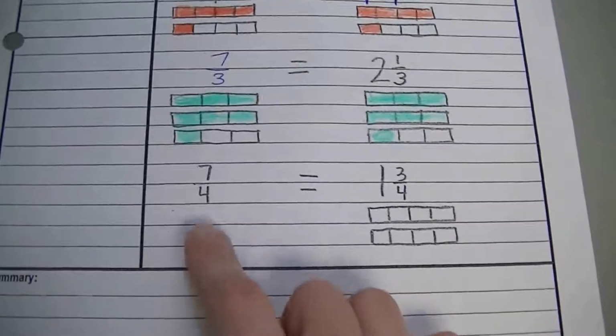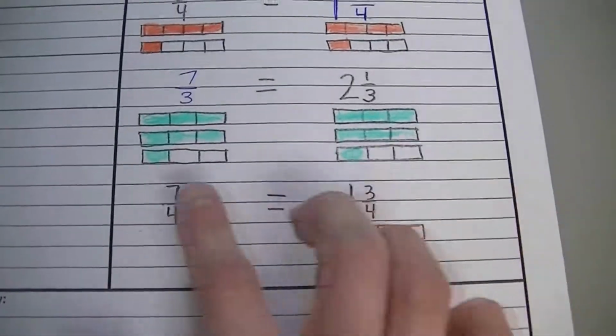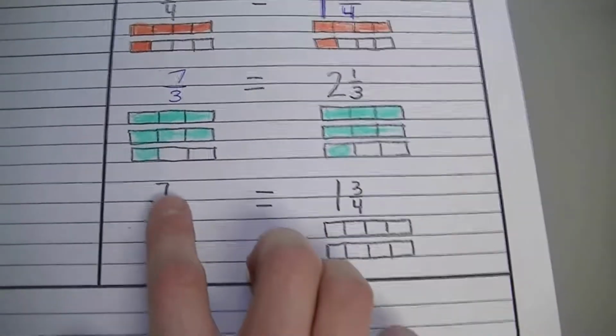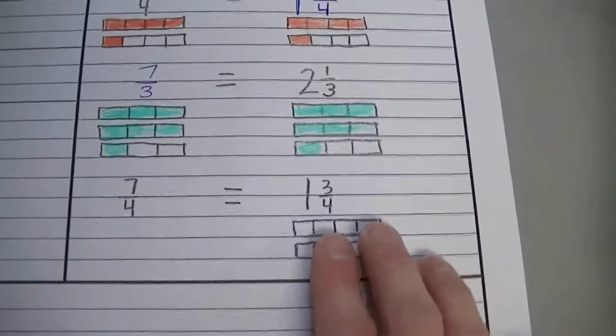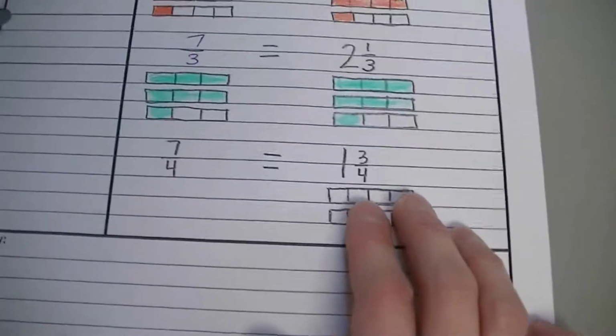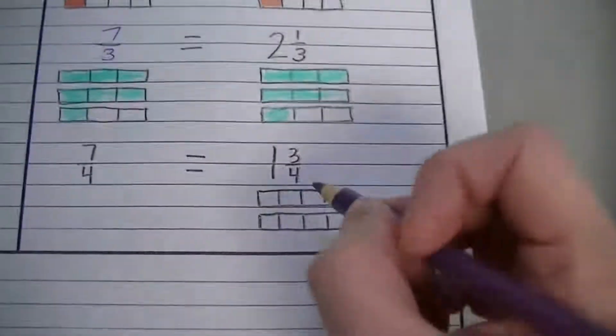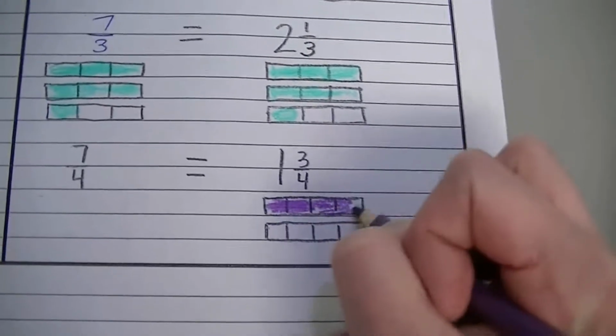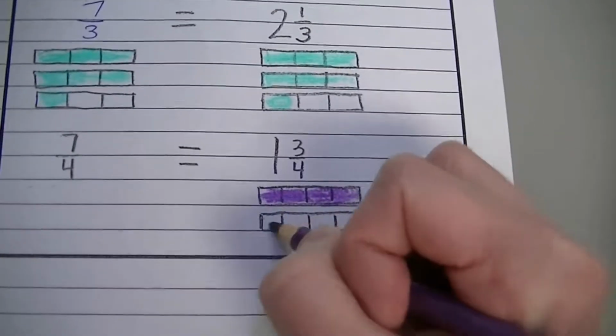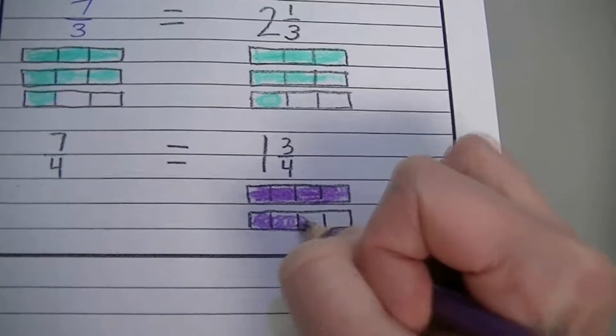All right, so this next one, I've provided the improper fraction and the mixed number already. You're just going to have to draw the picture right here. We can start with the mixed number first. So 1 and 3/4. To represent this pictorially, you'd have 1 whole right here, and then 3/4.